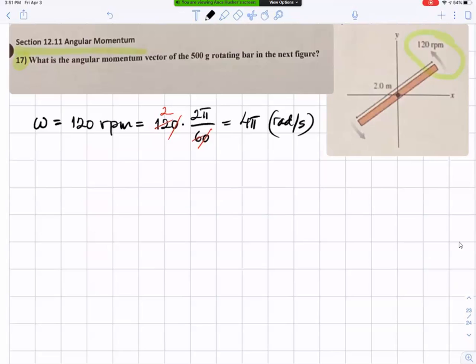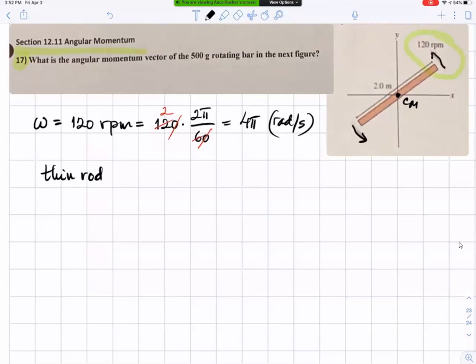All right, so since you are assuming that this is a thin rod, it kind of looks like that, and it rotates about the center. So here's the center of mass, as the picture depicts right here.